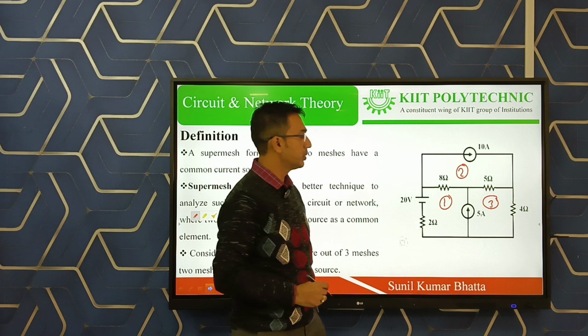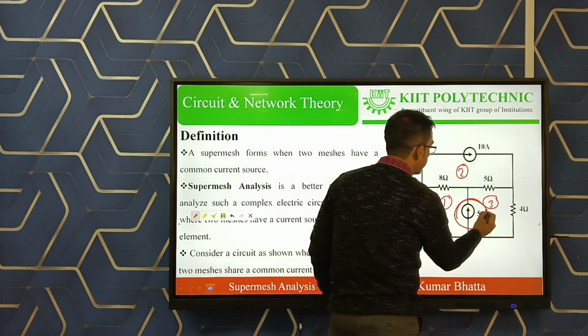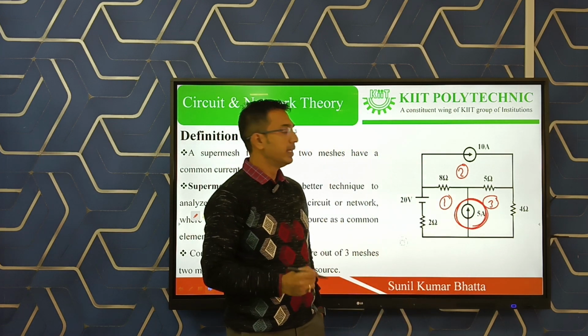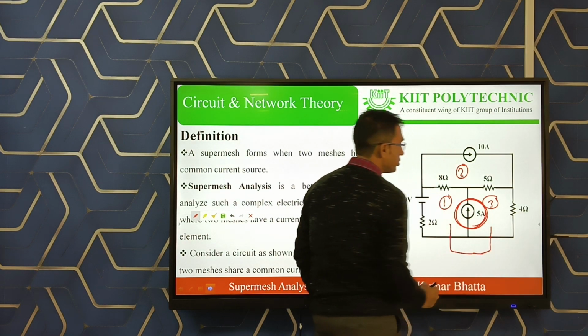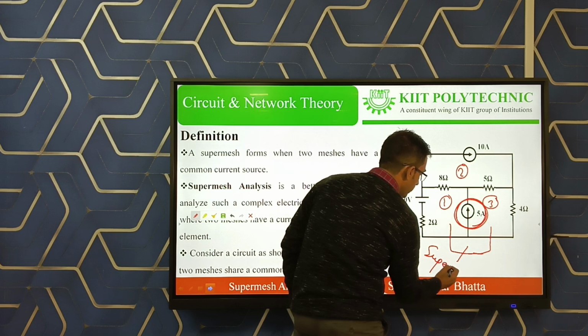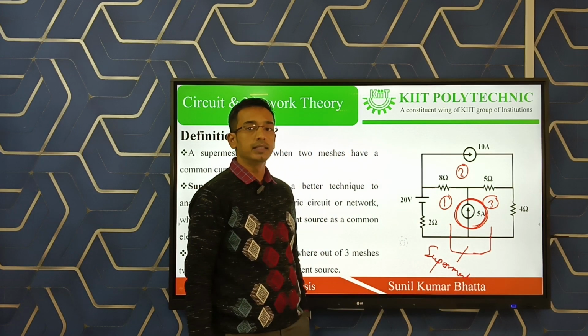What is that common current source? The 5 ampere current source is connected between mesh 1 and mesh 3. So we can say mesh 1 and mesh 3 constitute a super mesh. This is called super mesh.